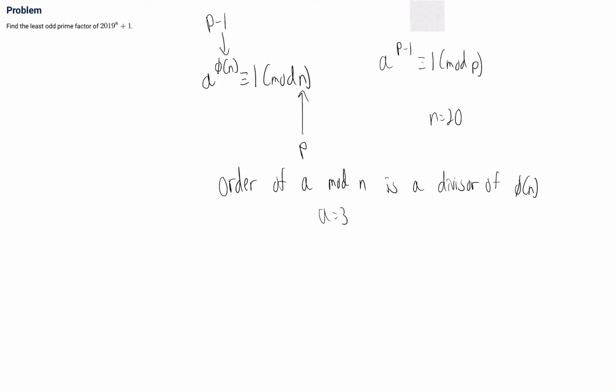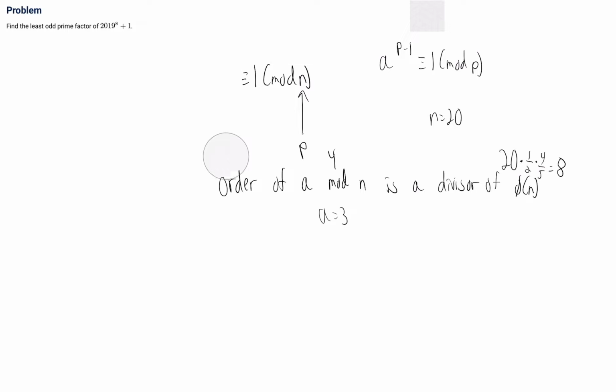We've already computed this. The order is going to be 4. And that should be a divisor of phi of 20, which is 20 times 1/2 times 4/5, which is 8. And yes, 4 is a divisor of 8. This holds. Okay, so this is very important.